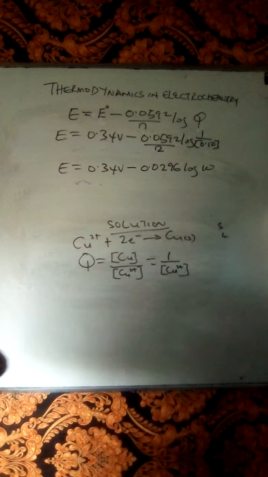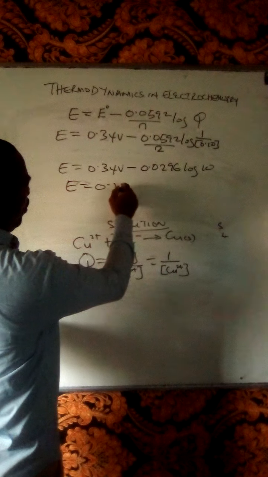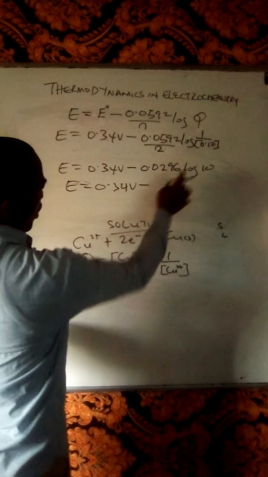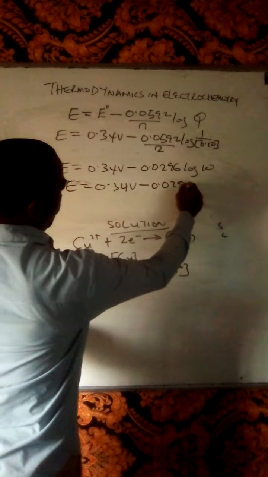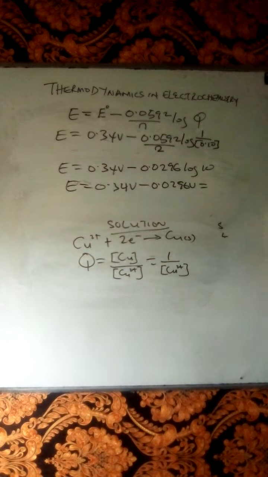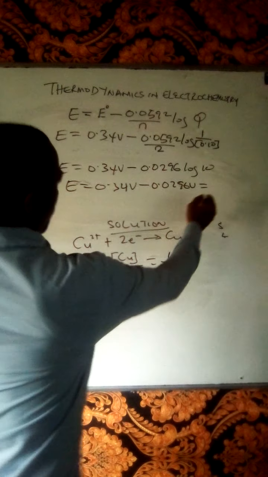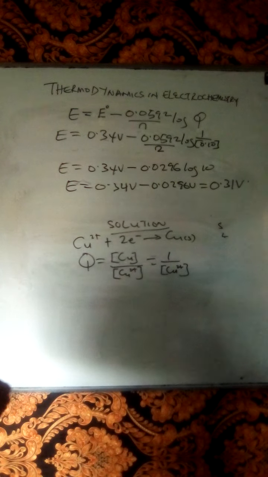When we solve, log 10 is 1, so we now have E equal to 0.34 volts minus 0.0296 volts to give us the electrode potential of copper, and that will give us 0.31 volts, which is the answer.